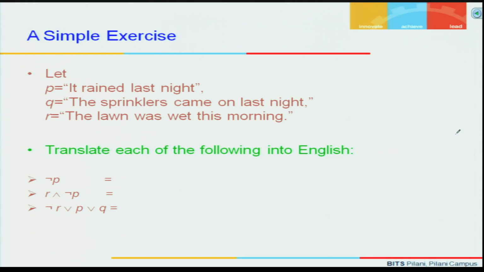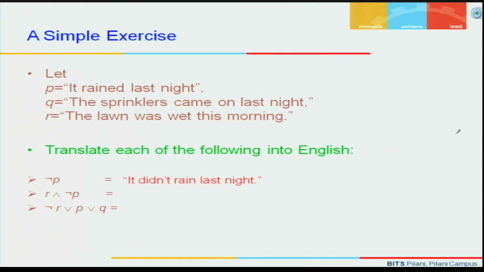We have three propositions, P, Q and R, where P is it rained last night, Q is the sprinklers came on last night, and R is the lawn was wet this morning. If you have these three propositions and the unary operator not acting upon the proposition P, not P, what does not P tell us?